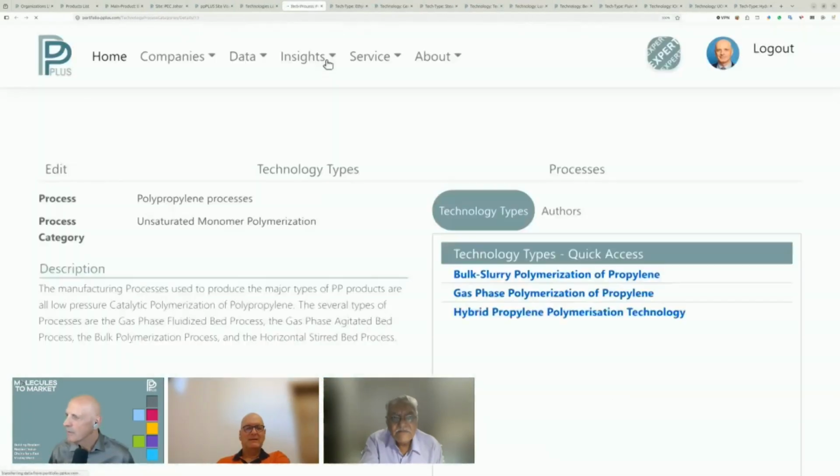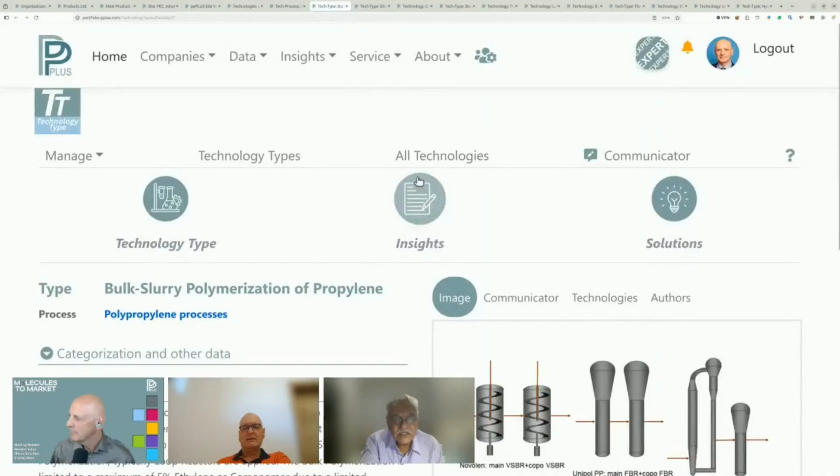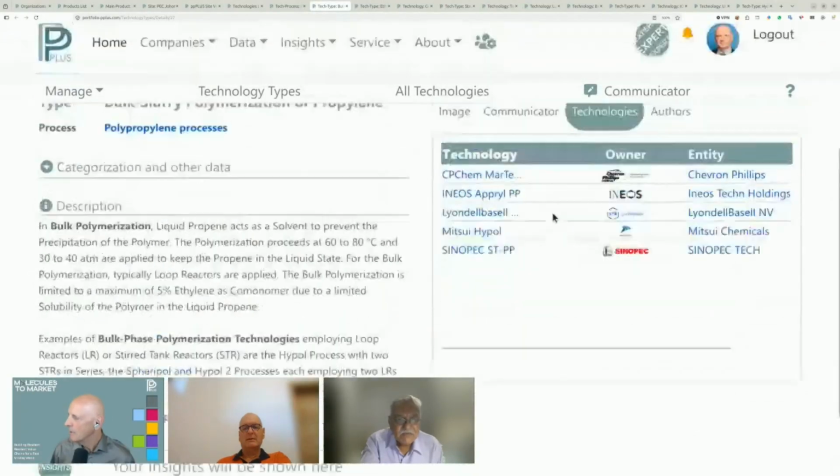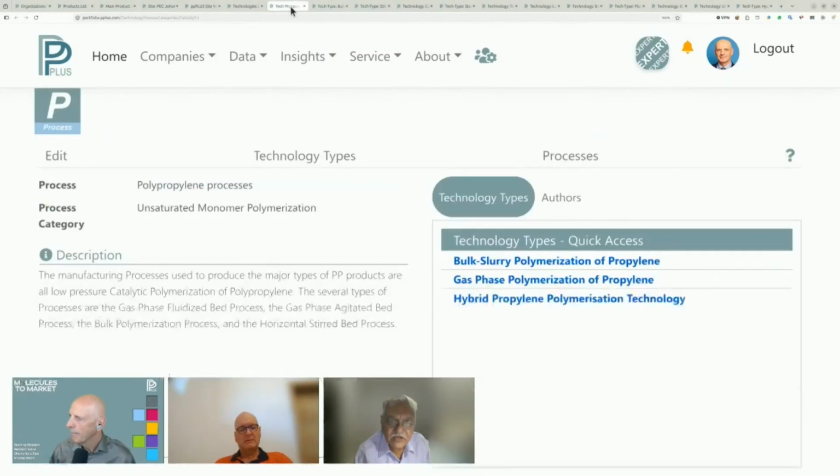We have many actually, different types, different categories. But for high capacity, you're seeing LyondellBasell, Mitsui, Sinopec, China's, of course, we don't take anything. You don't have Grace here? Grace, yes, of course, it's gas phase.